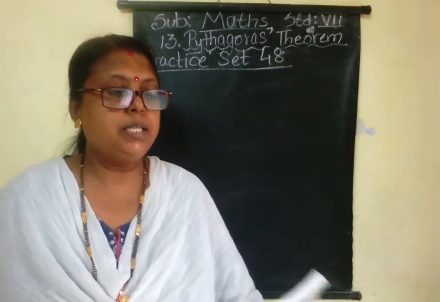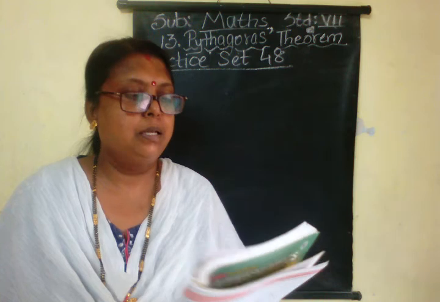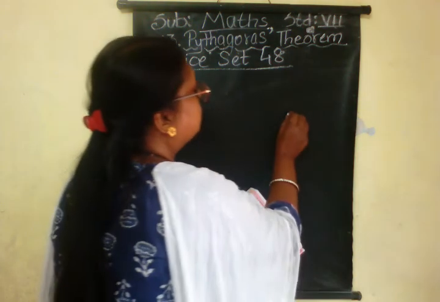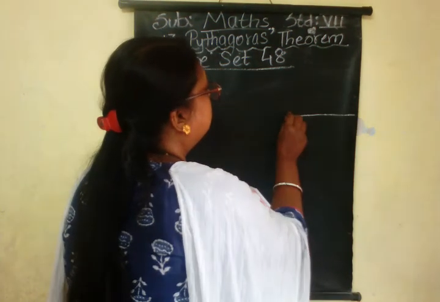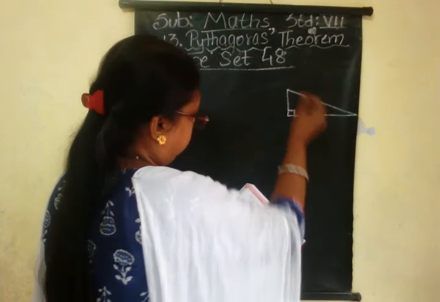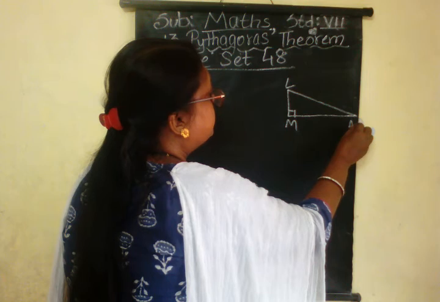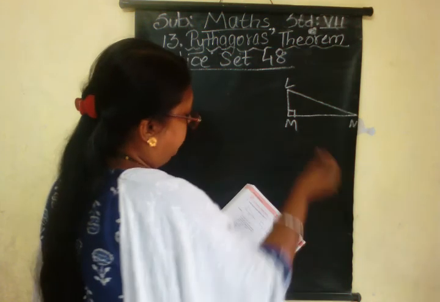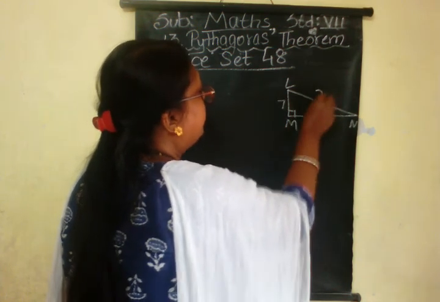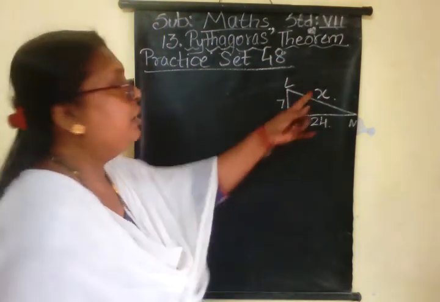The question is, in the figures below, find the value of x. They have given us figure. So first figure they have given in this manner. LMN, that is triangle, right angle triangle. Base 24 they have given, height 7, and hypotenuse they have given as x. So you have to find the value of x.